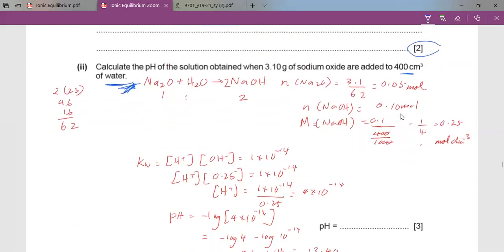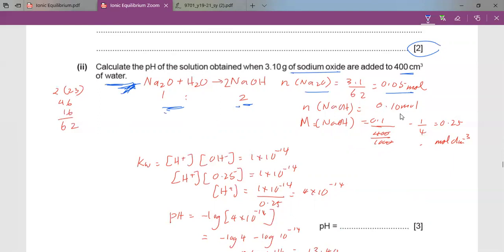So here comes the pH of the solution. Sodium oxide here, remember 1 mole gives you 2 moles. The equation is very important. So find the number of moles of Na2O, which is 0.05. So the number of moles of NaOH is 0.1, because the ratio is 1 to 2.